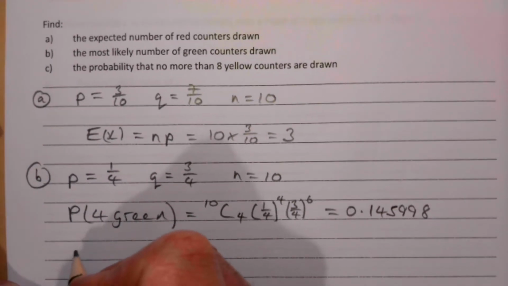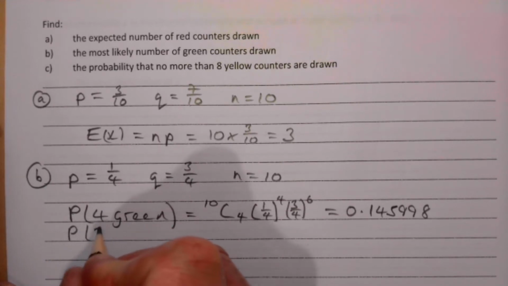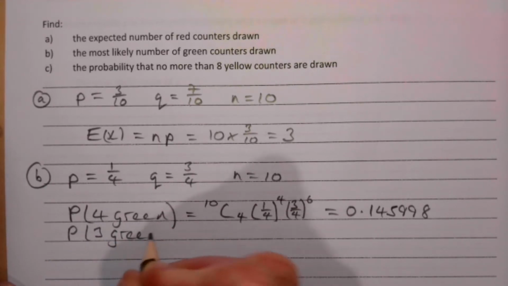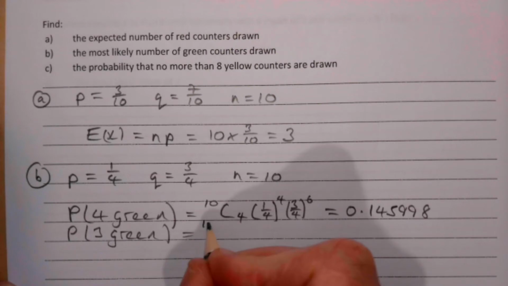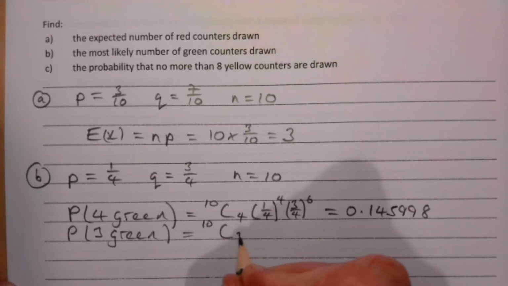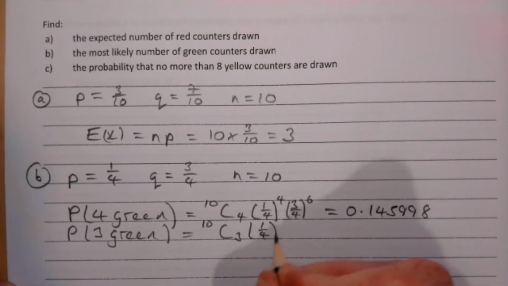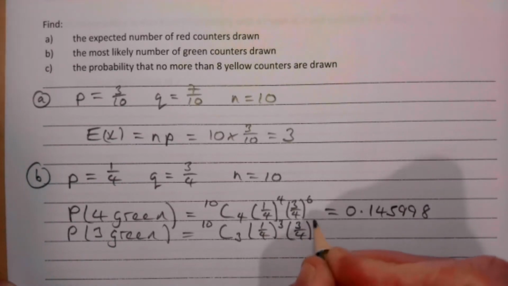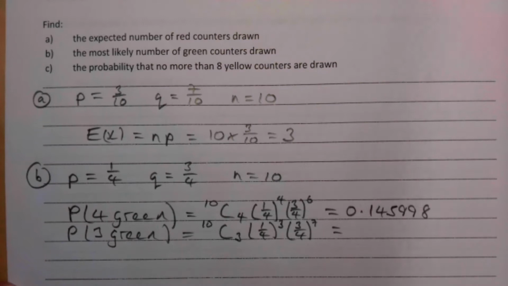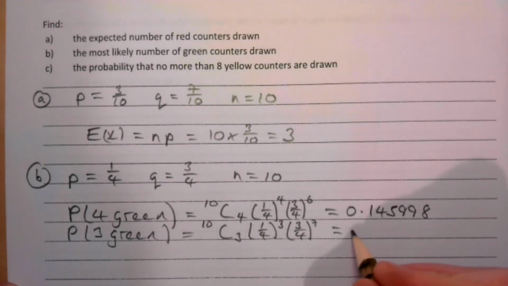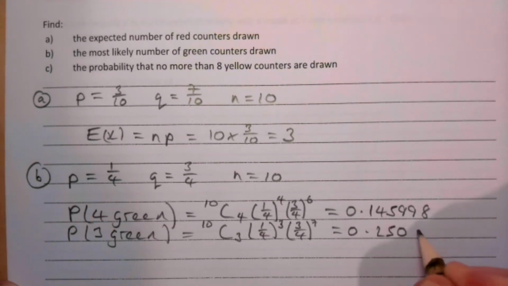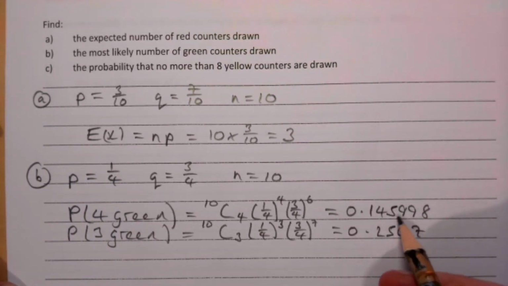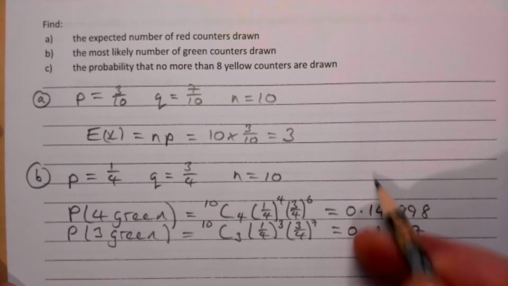Let's try 3. So that would be 10C3, a quarter to the power of 3, 3/4 to the power of 7. That gives us 0.2507. So it's getting bigger, so that's good. So you imagine that if you go to 5, then it would get smaller again.